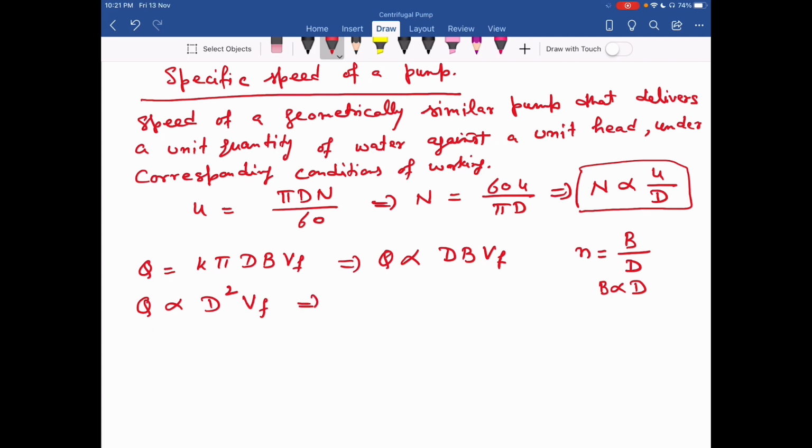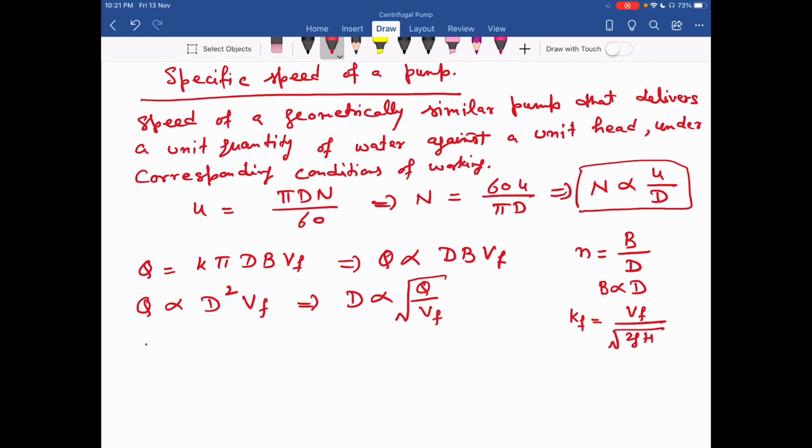From here D is proportional to the square root of Q upon Vf.